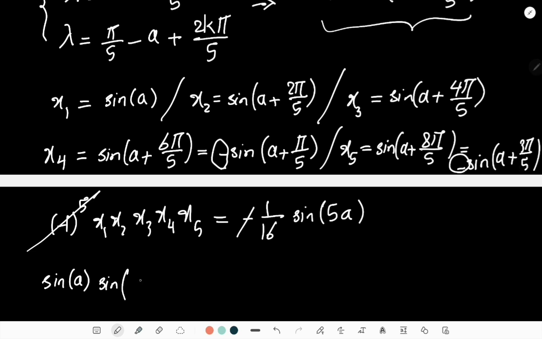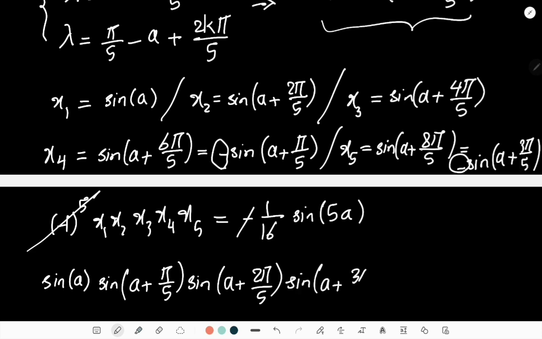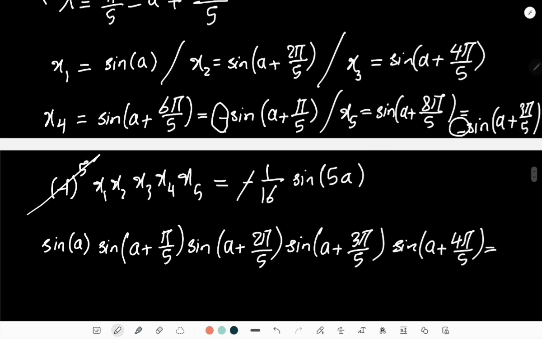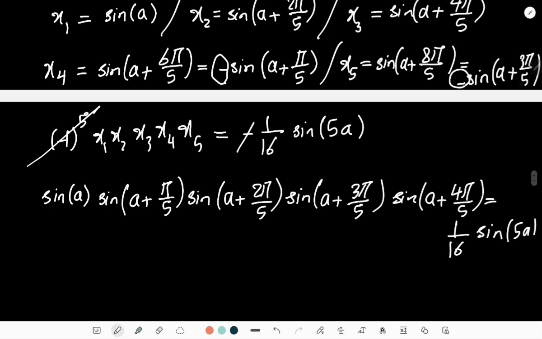Then you get sine of a plus pi over 5, sine of a plus 2 pi over 5, and sine of a plus 3 pi over 5 times sine of a plus 4 pi over 5. This is nothing but 1 over 16 times sine of 5a. So I already found an expression for this guy.